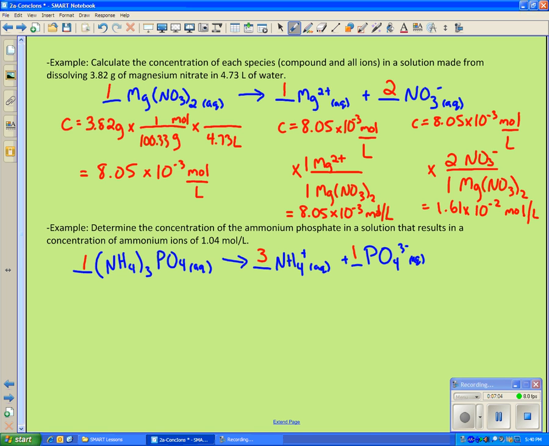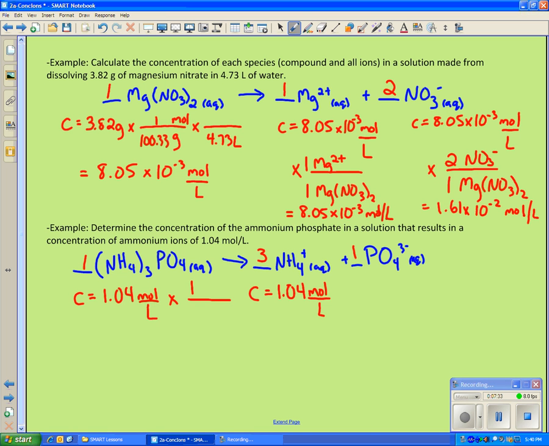So for this one, now we have a concentration of the ammonium ions equal to 1.04 moles per liter. We want to do sort of a back calculation to get the concentration of the original compound in solution. So starting with the number we know, 1.04 moles per liter, we want to multiply by the ratio where what we want is going to be on the top.